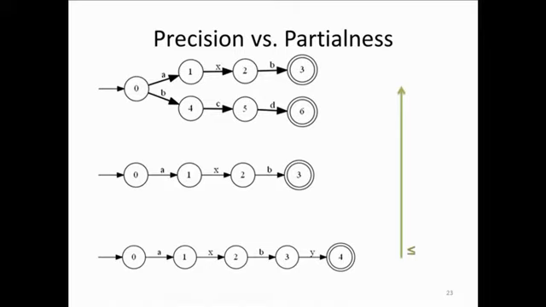So if we look at these three DSAs as an example, right before we define it formally, that go from smallest on the bottom to largest on the top. The middle one versus the top one, we have just precision. We have an extra branch that gives us a larger language. And if you look at the lowest one against the middle one, then we have just partialness in play. We have AX, BY, which has the extra variable, is more partial.